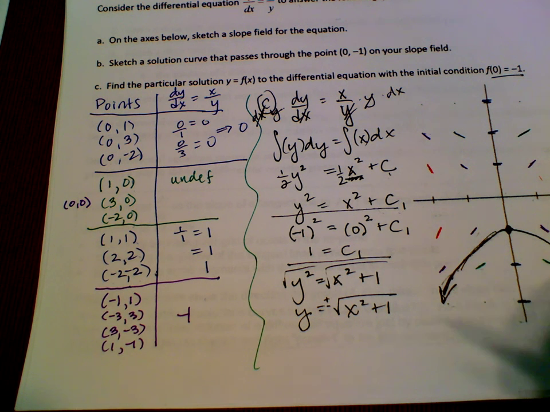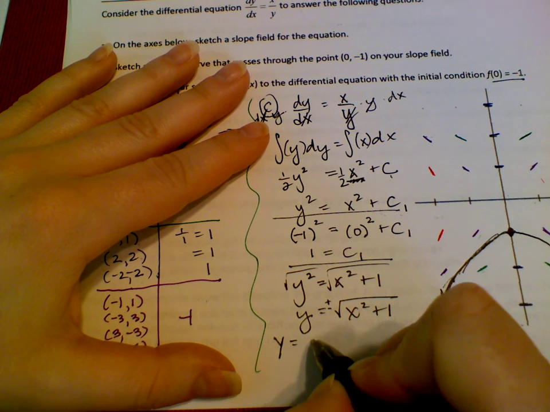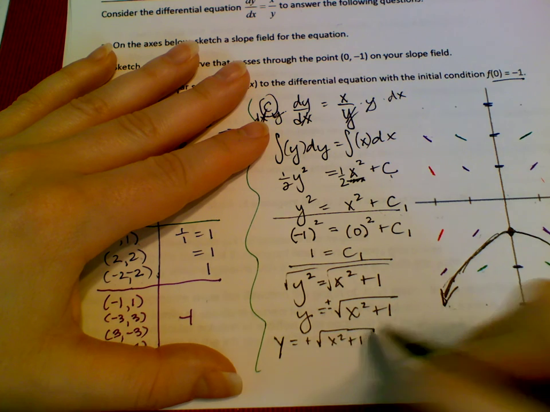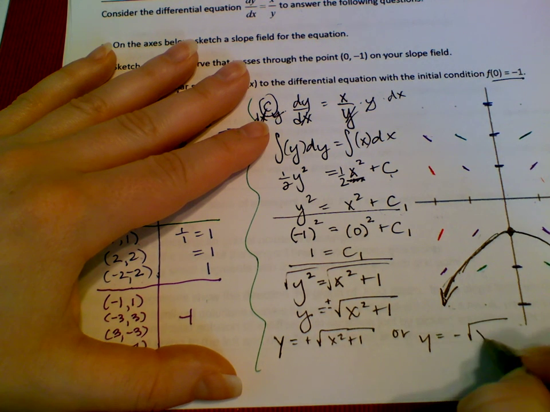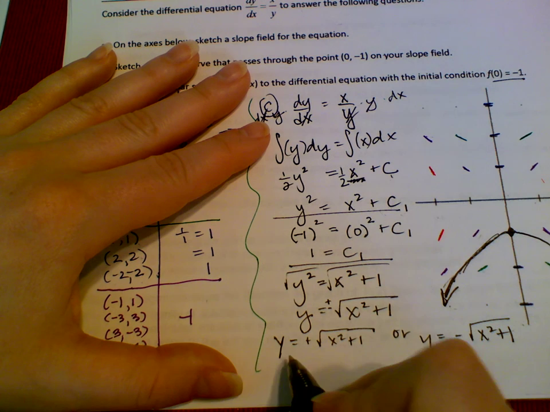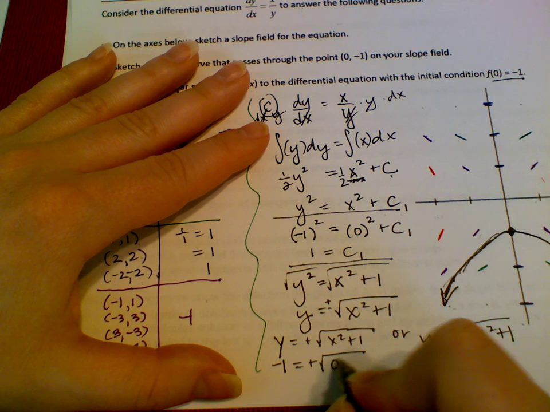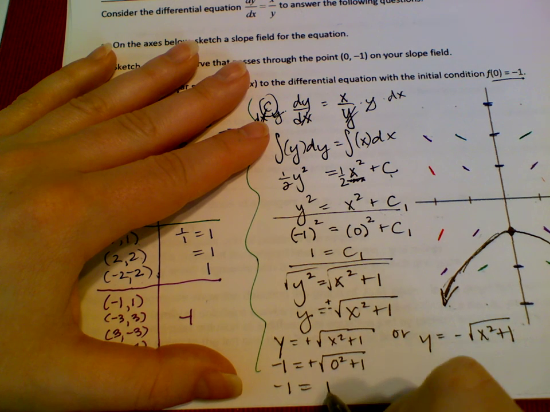Let's think about which one makes sense. I'm going to do the positive version and plug in our given point, and the negative version and plug in our point. So if I plug in negative 1 for y and 0 for x, I get negative 1 equals the square root of 1, which is 1.